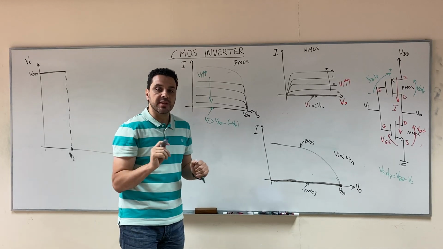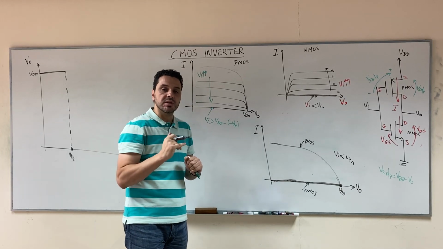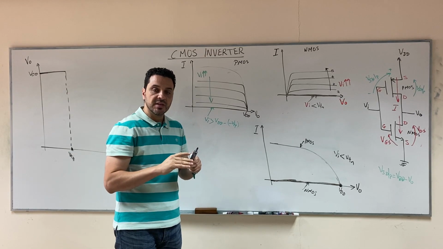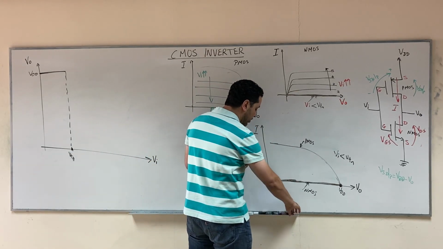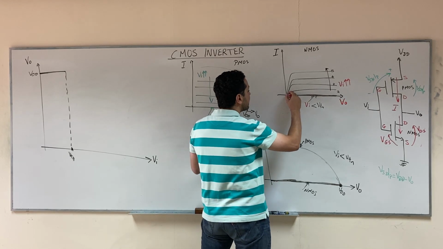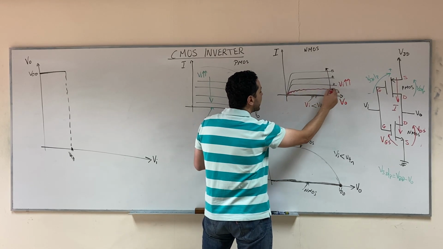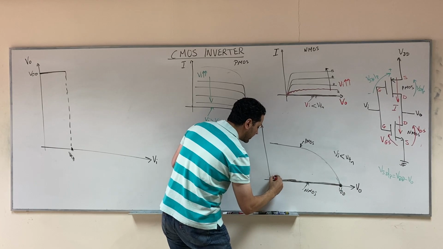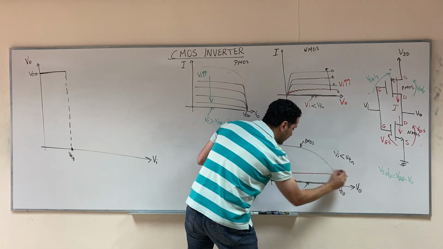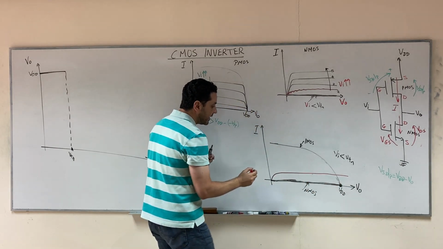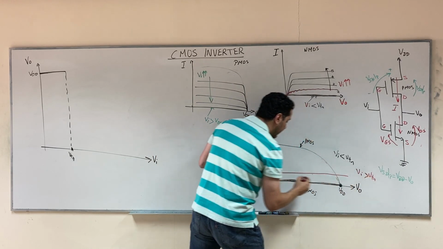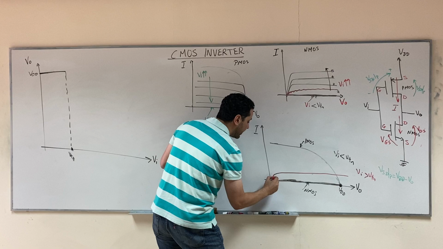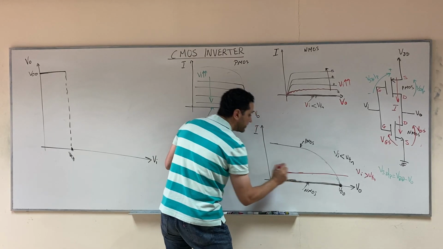Okay, now think about the next step. If we increase V input a little bit above V threshold, then the NMOS is going to operate on a curve higher than zero. So the NMOS is going to operate here, for example. The NMOS will say, I want to operate on this curve.